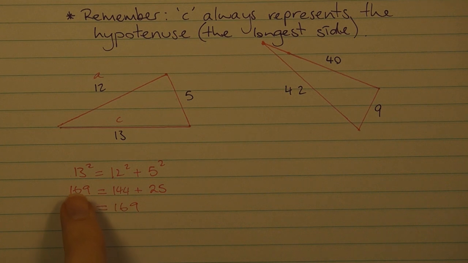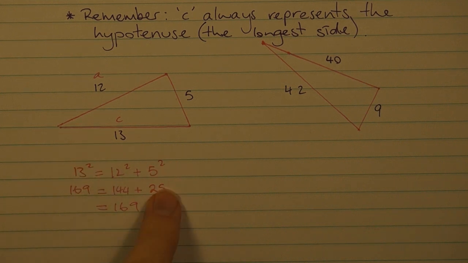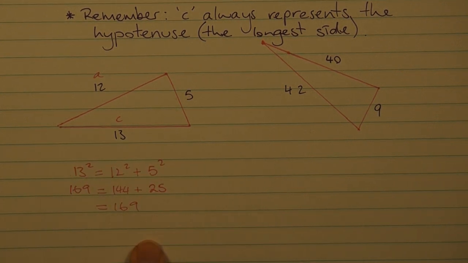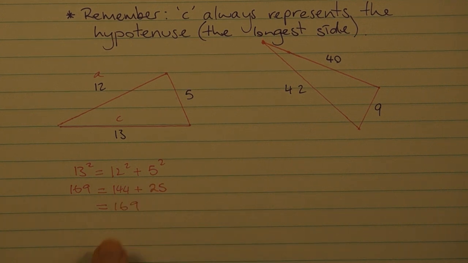So what we have here, our left-hand side is equal to our right-hand side. What that means is these three sides of the triangle actually satisfy Pythagoras' theorem. So that tells us that this triangle must have a right angle in it.